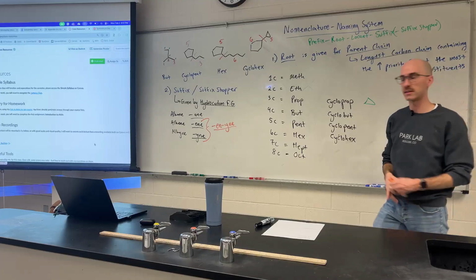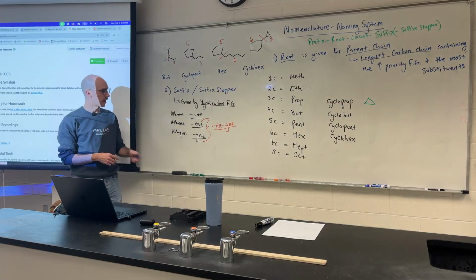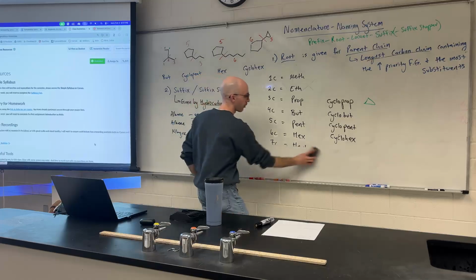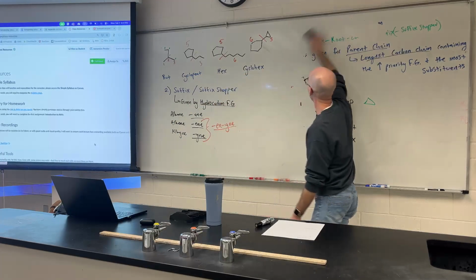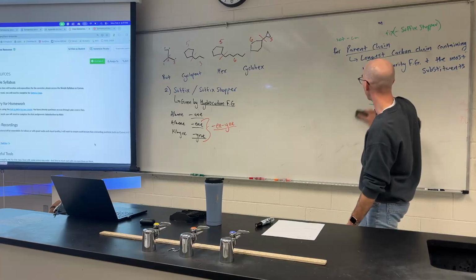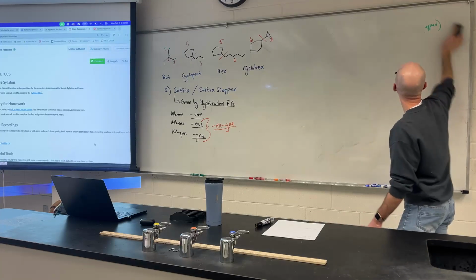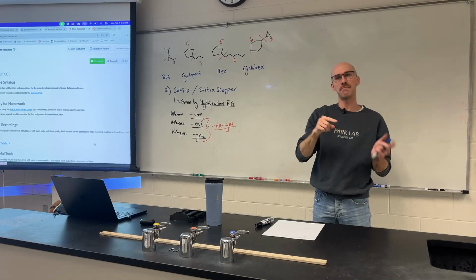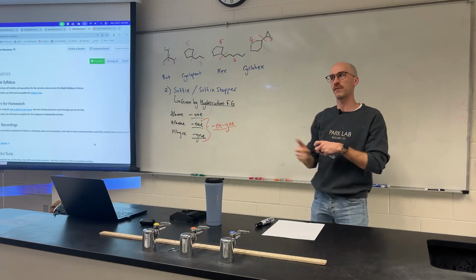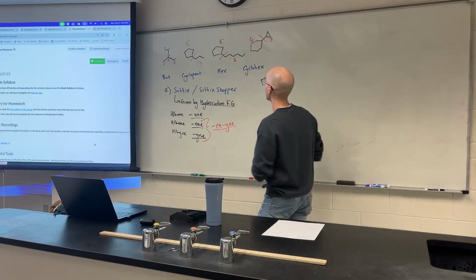Those are our suffixes. Our suffix stoppers come from higher priority functional groups. Alcohols, carboxylic acids, ketones and aldehydes, amines. And they don't have their own suffix. Instead, they modify the suffix of the hydrocarbon. So suffix stoppers.